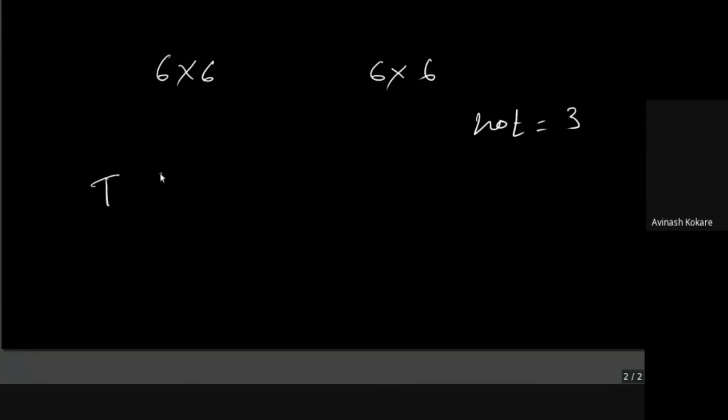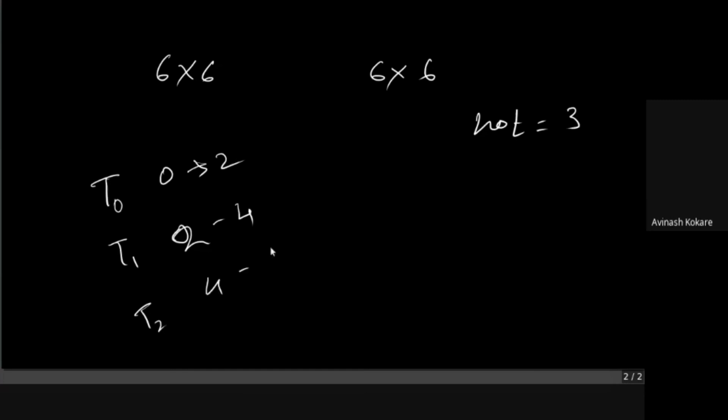Thread 0 should work from 0 to 2, thread 1 from 2 to 4, and thread 2 should execute from 4 to 6. This should be the division, isn't it? If the size is 5 by 5, then there will be some uneven distribution, but that should also work by using your formula.